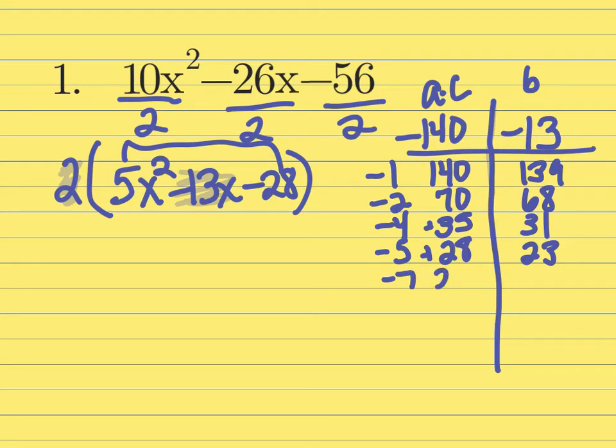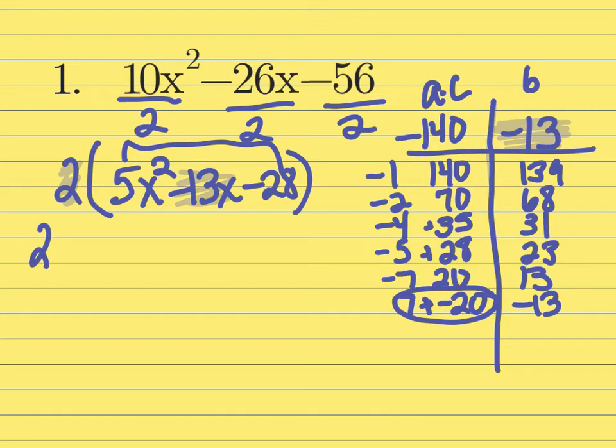So 7 will go in 20 times, which gives me 13. But remember, I want a negative 13, so I'm just going to switch my signs. So I'm going to go 7 and then change that to negative 20. And when I add those, I get a negative 13. So those are going to be my 2 terms. So I'm going to rewrite my trinomial.